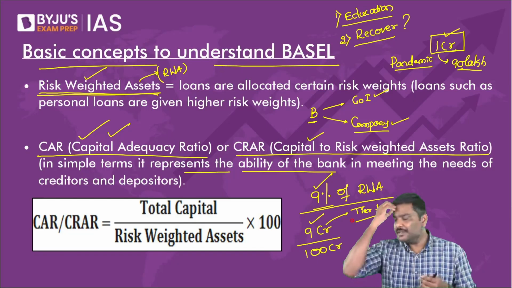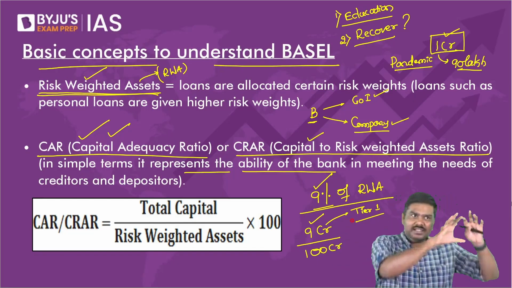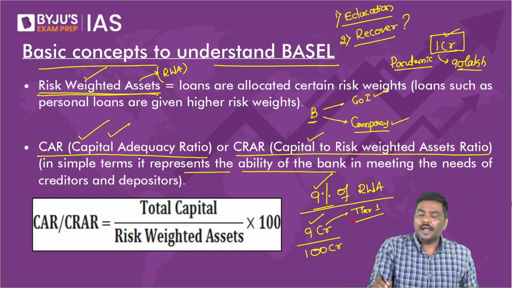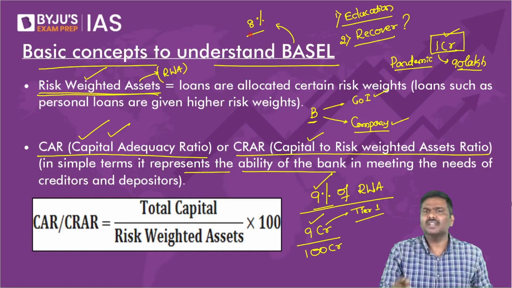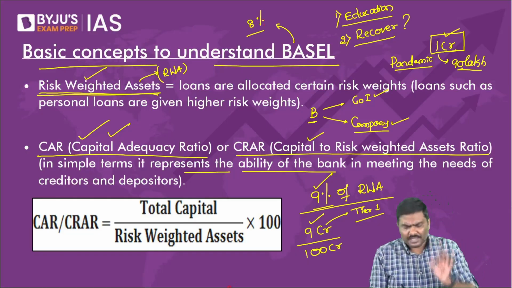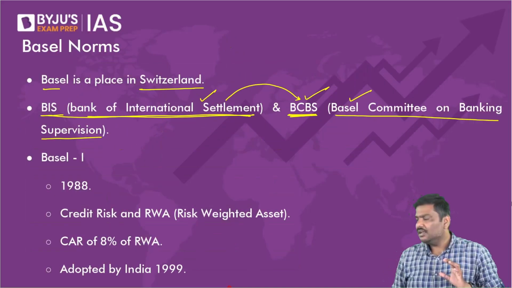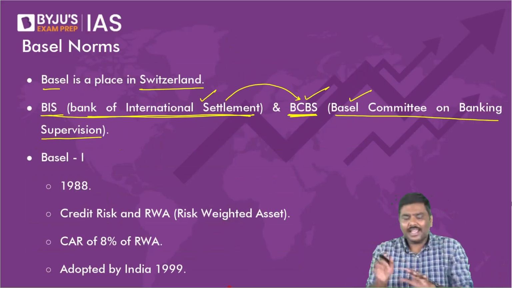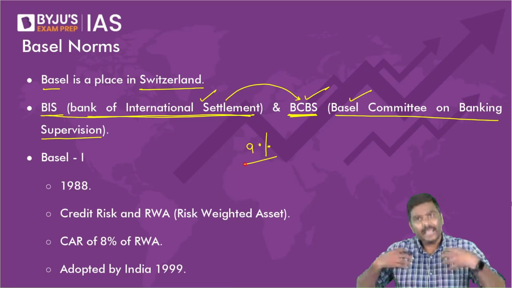Because many of you, after you have looked at the slide, will see a certain website which says, under Basel guidelines, capital adequacy ratio is 8%. But I would say, in case of India, capital adequacy ratio is 9%. Am I wrong?